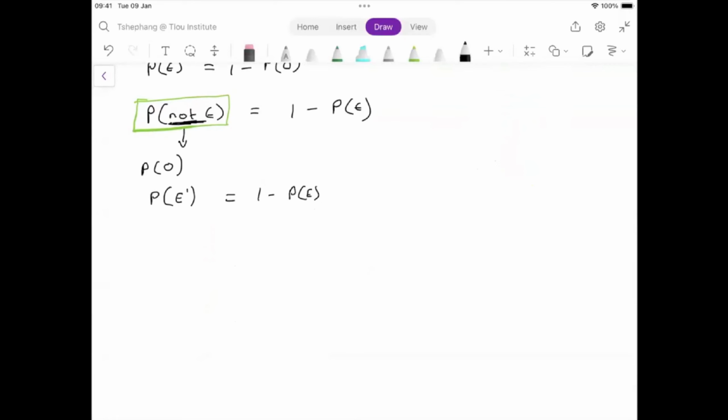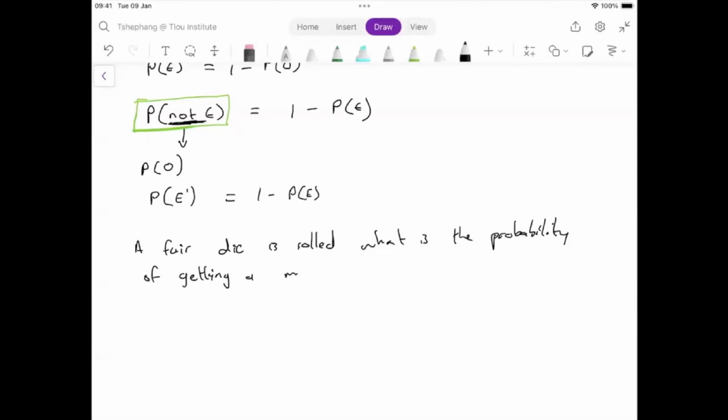Here's just an example that I would like us to look at together. A fair die is rolled. What is the probability of getting a multiple of 3?